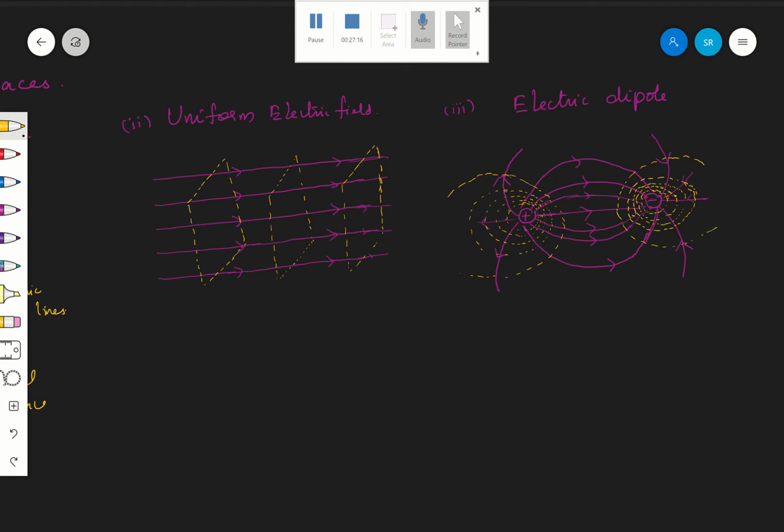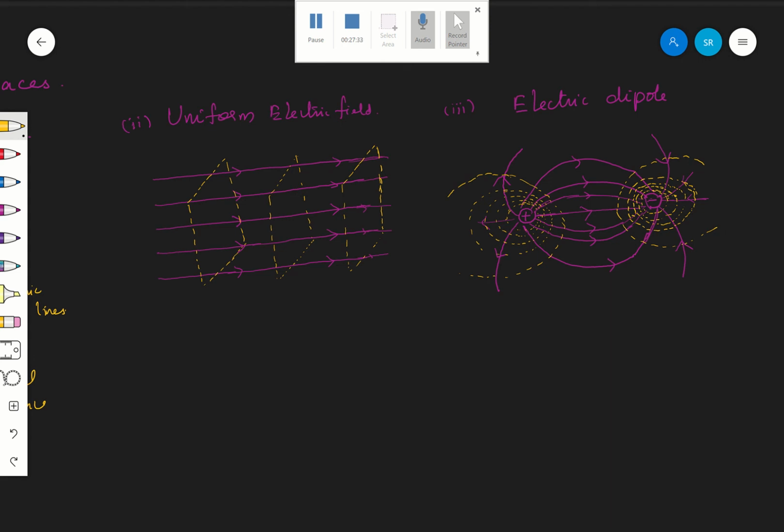So these will be the field lines. And the yellow ones are nothing but the equipotential surfaces. Okay, I think this is better.